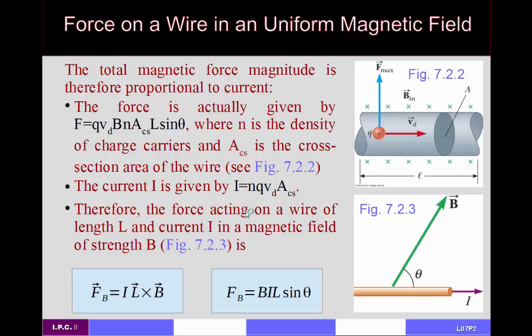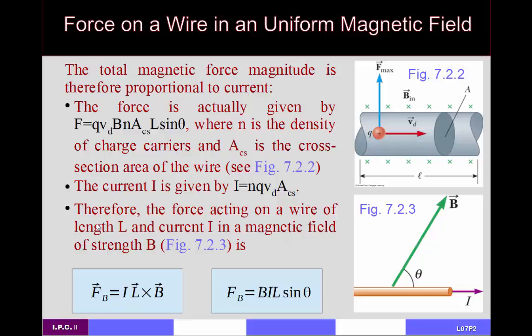If you put this force and this current together, what you get is that the force acting upon a wire that's carrying charge should be the current times the length vector of the wire crossed with the magnetic field. Some people will write this as the length times the current, where the current is the vector.